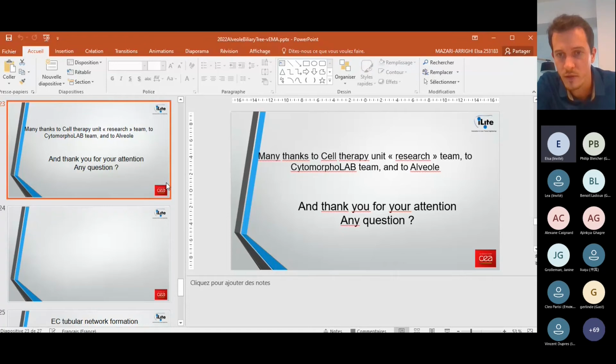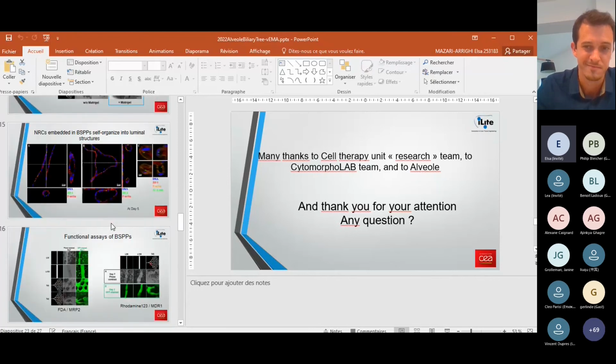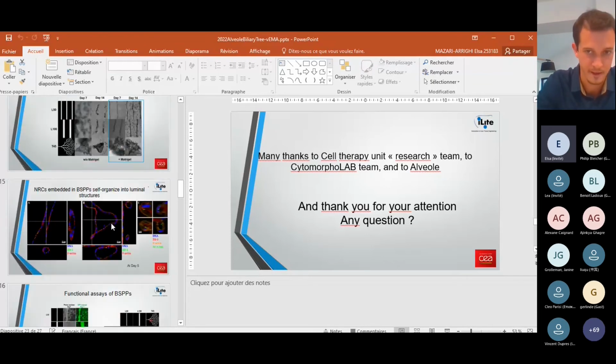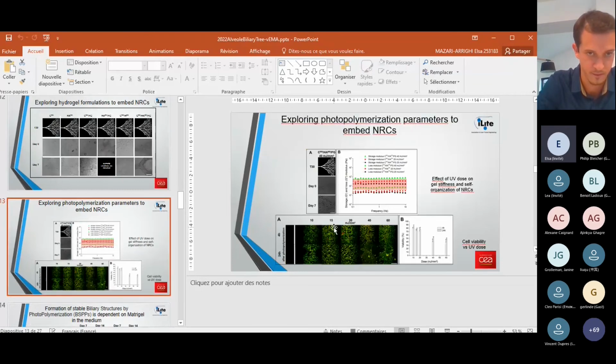Okay, thanks. And we have a question from Benoît Ladou, who is wondering about cell death due to UV. That's why we characterize just after photopolymerization, at 4 hours after and 1 day after. Of course, the higher the dose, the more cell death increases.